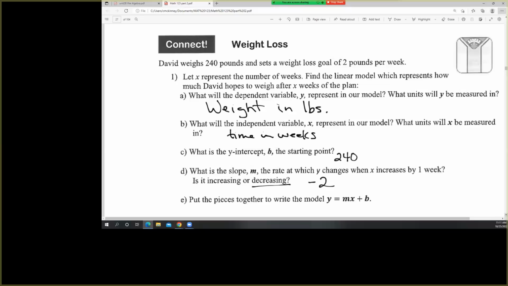So as X increases by 1 week, we want him to lose 2 pounds. So it is decreasing. So if we want to know how much he should weigh at any point after he starts the diet, then we should be able to take -2 times the number of weeks and add that on to 240, which basically means that number is going to subtract from 240.